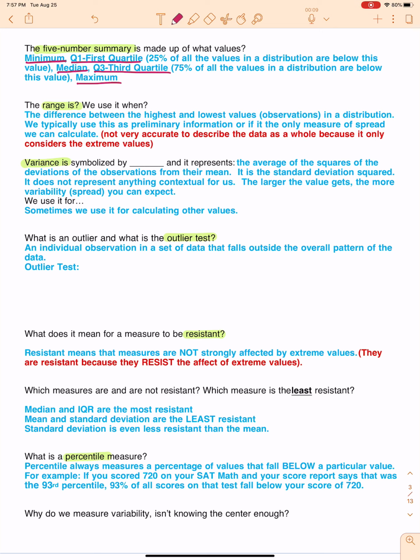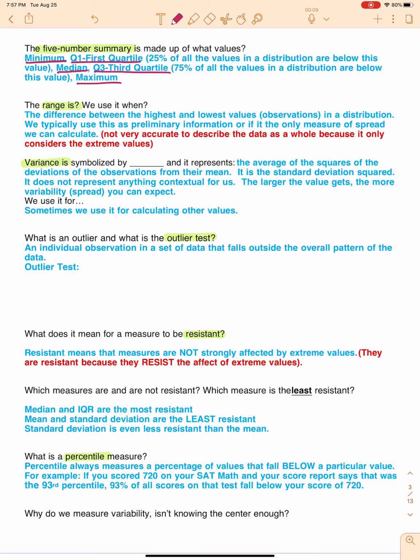Okay, the range and when we use it. The range is a measure of spread, just like the standard deviation and the IQR. And you've probably heard me talk about the range already. So it's basically just a difference between your biggest value and your smallest value. It is the most basic measure of spread, and we only use it if we have no other alternative because we always want to be as specific as possible.